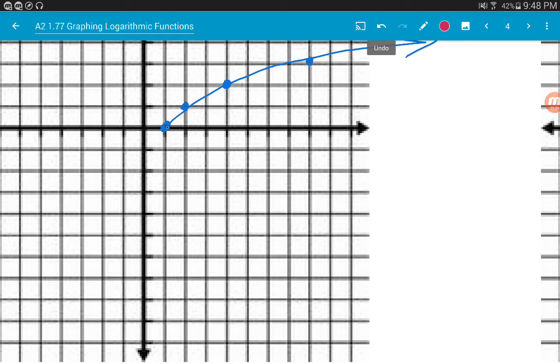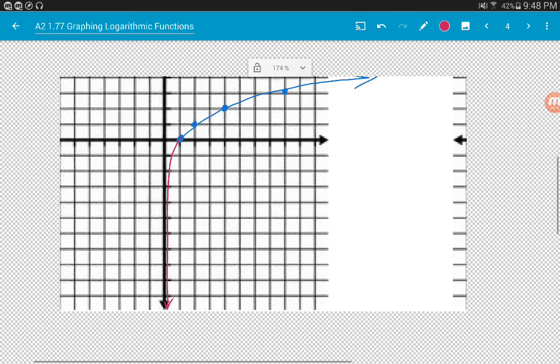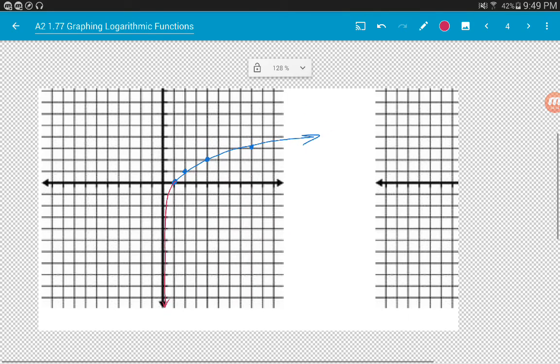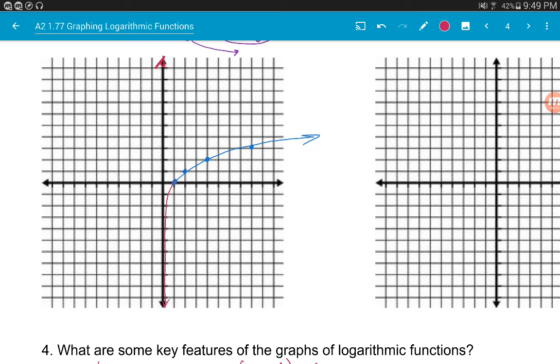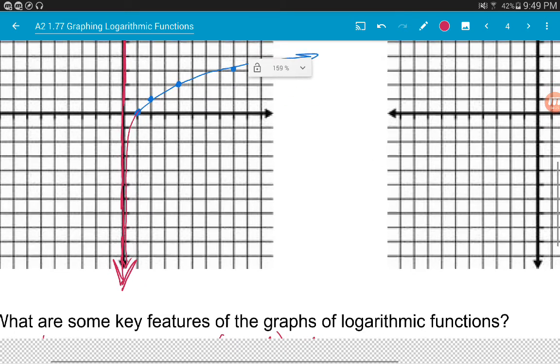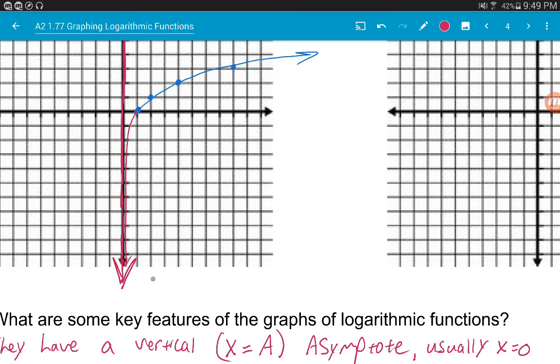But essentially what it has is an asymptote where it comes down like this, and it bends to the y-axis, and it runs alongside it, getting closer and closer, but it never touches it. That's because this line right here, the y-axis, also known as x equals 0, is the vertical asymptote.